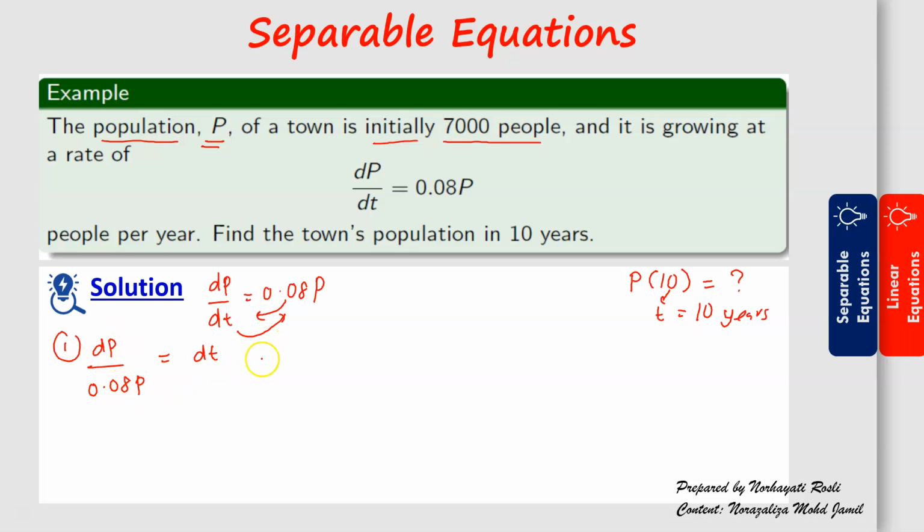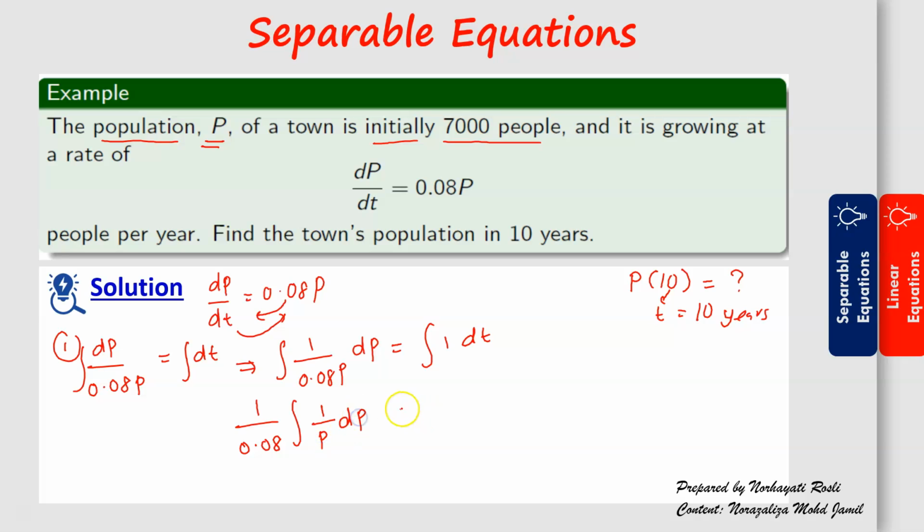When we integrate both sides, I will have the integral of 1 over 0.08 P dP equal to the integral of 1 dt. Integrating this part, we can write 1 over 0.08 times the integral of 1 over P dP equal to, integrating this one, t plus C.